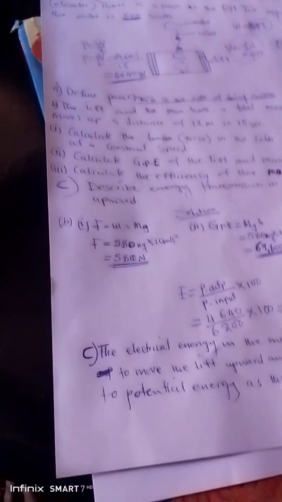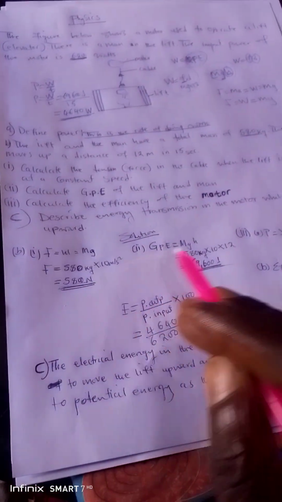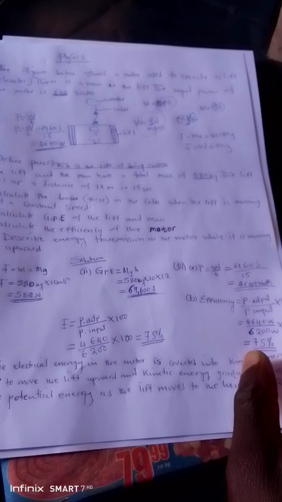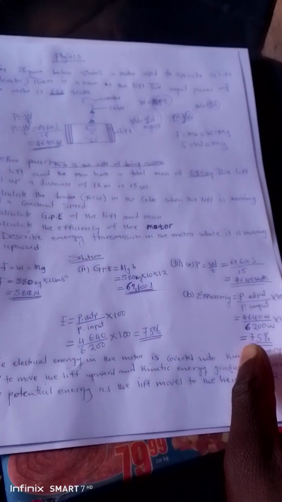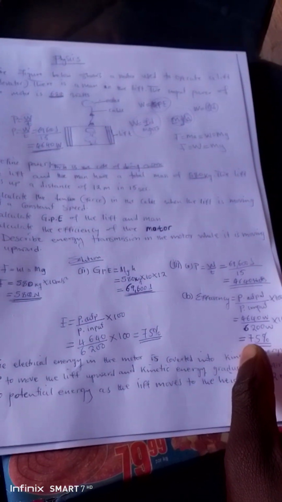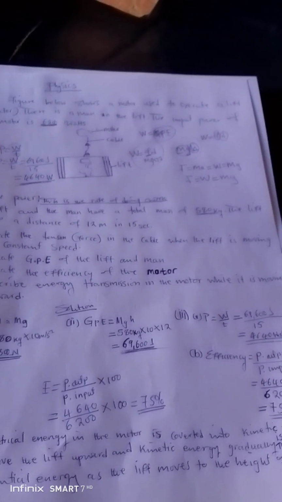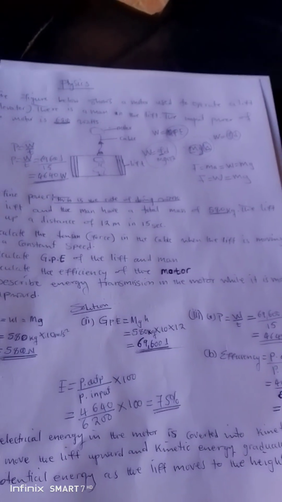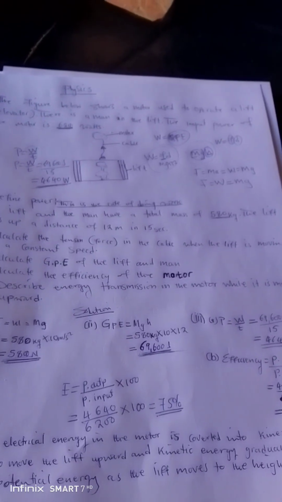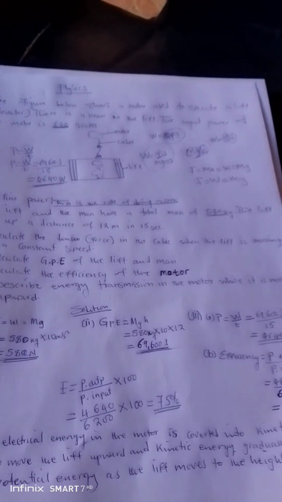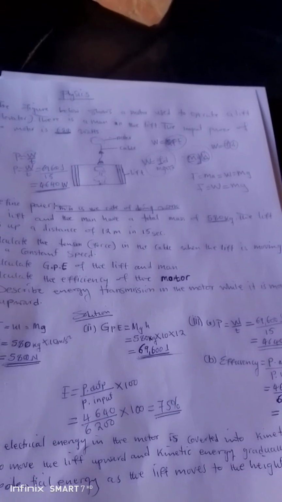Okay, the last question was: describe the energy transmission in the motor while it is moving upward. You know very well that the law of conservation of energy states that energy cannot be created nor destroyed, but it can only be transformed from one form to another.